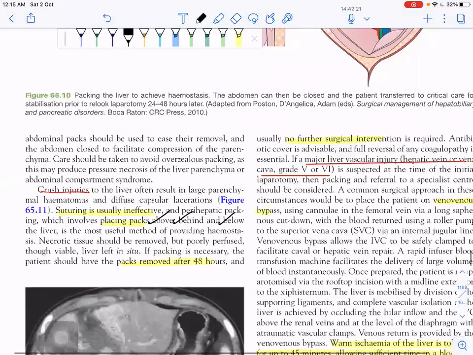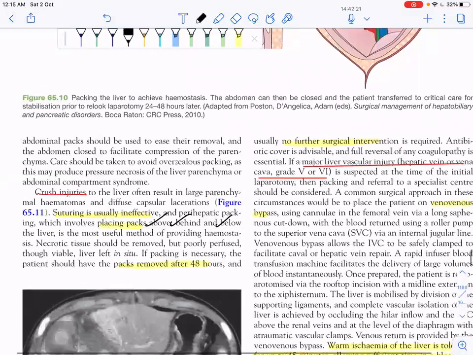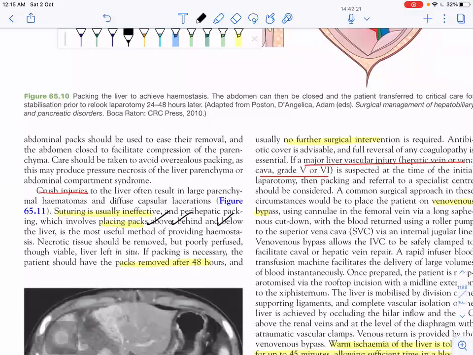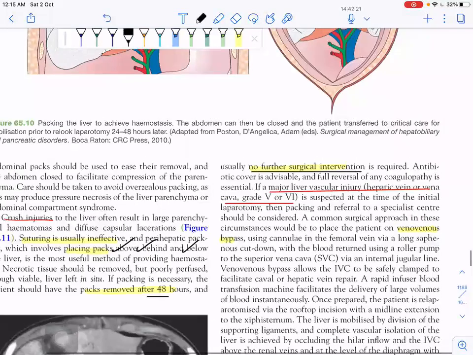So you do the packing, keep the patient in the ICU, and remove the pack after 48 hours. After this you should not do any surgical intervention. You have to give antibiotic cover and full reversal of coagulopathy, which are the usual things.